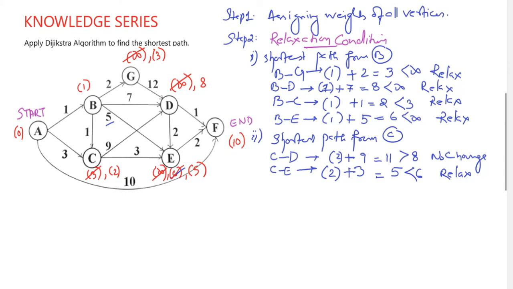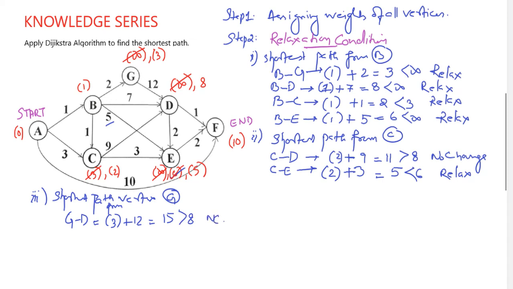So we go with the third one, the shortest path from vertex G. From G only one link is emerging, G to D. G's weight is 3 plus link cost 12, that is 15, and 15 is greater than 8, so no change, because the relaxation condition is not met.